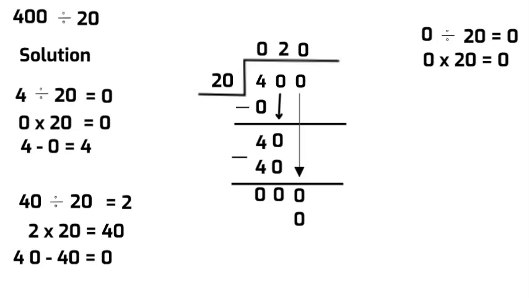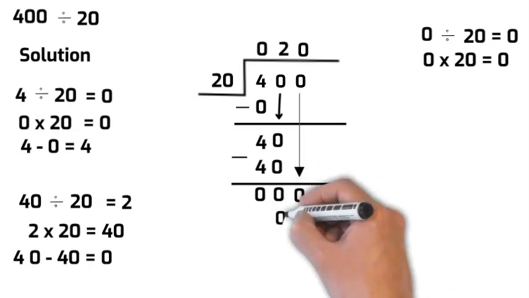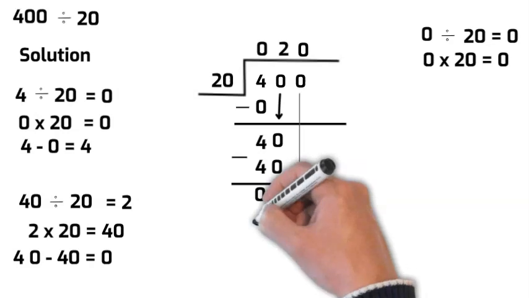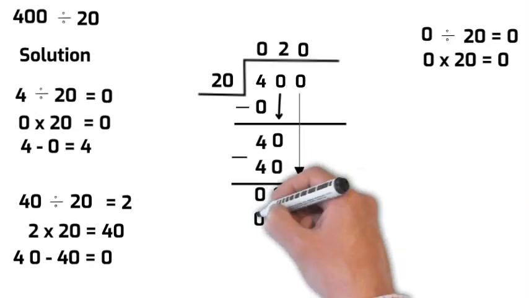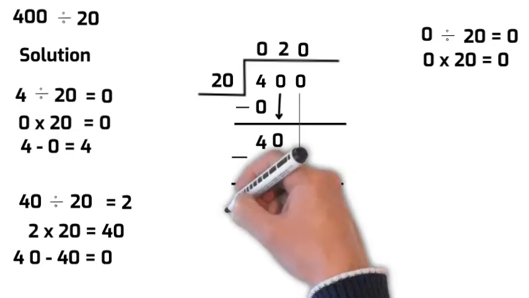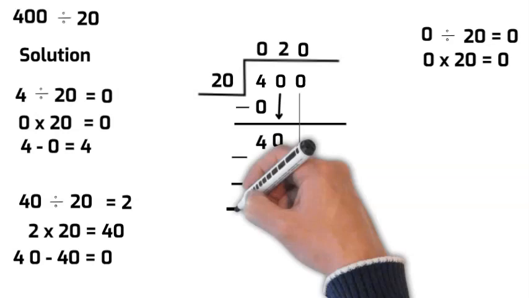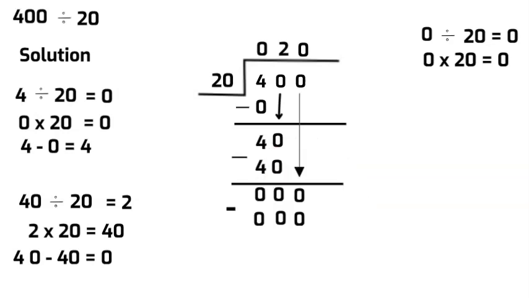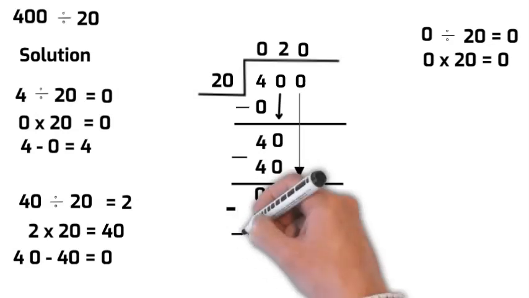We can as well fill those blank spaces with zeros like this. Then we place our minus sign right here and draw a horizontal line across.